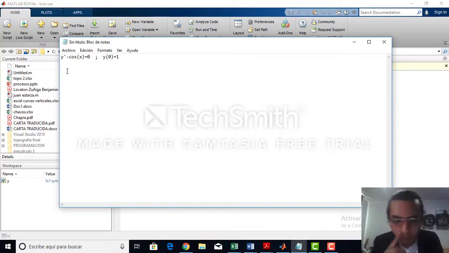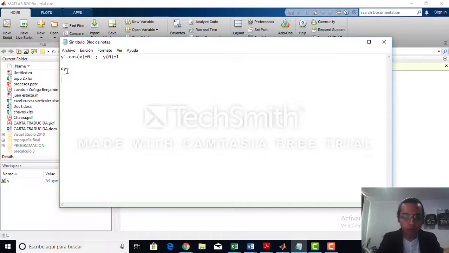To resolve this equation with our previous knowledge, we know that y prime is equal to dy over dx. And we're just going to move the cos of x to the other side of the equation. So we have this.